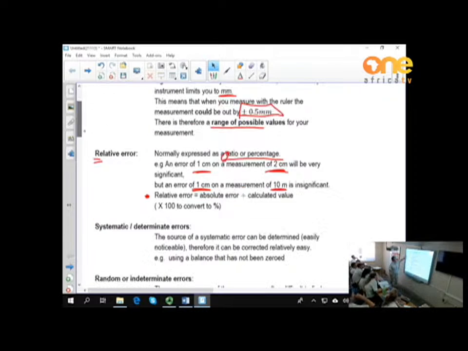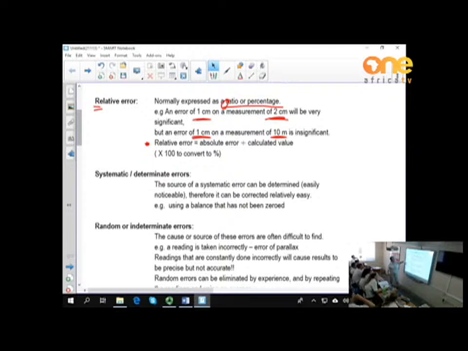All right? You take the absolute error and you divide it by a calculated value times 100 to convert to percentage.